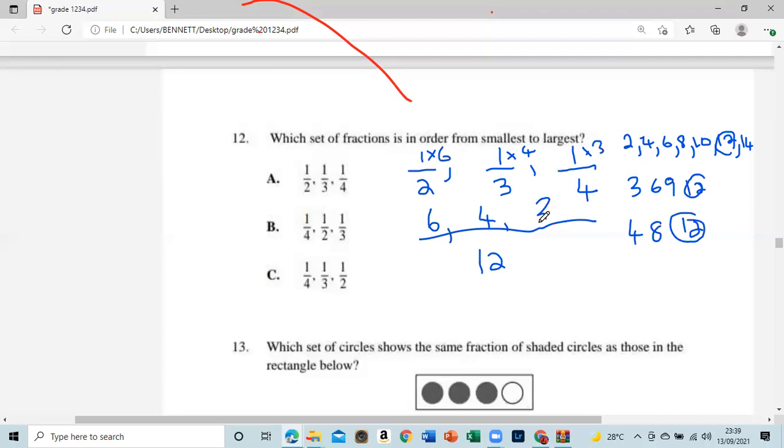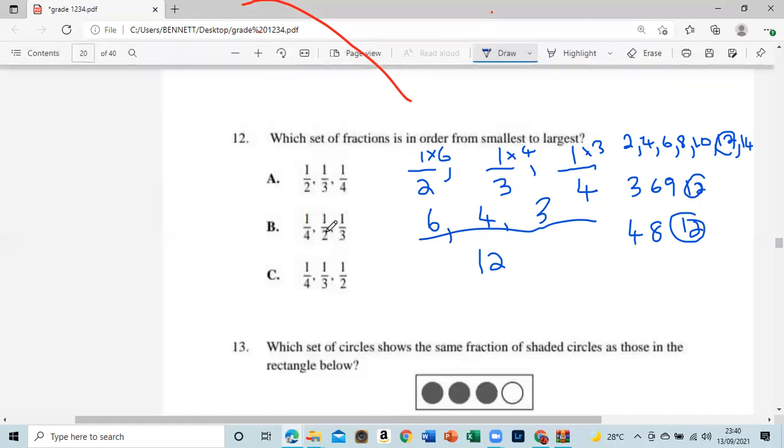So the smallest one would be a quarter because 3 is the smallest number. So a quarter must be at the front, followed by a half. So that would be B, a quarter, followed by a half.